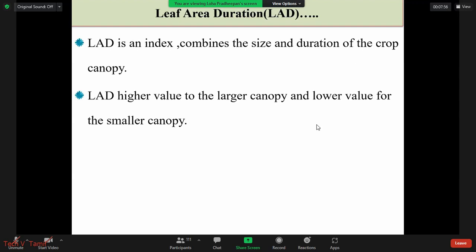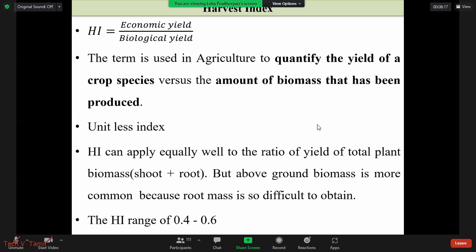Leaf area duration gives a higher value for a larger canopy, and for a smaller canopy we get a lower value.